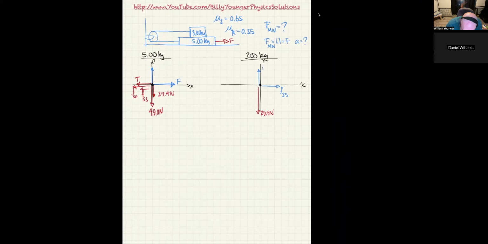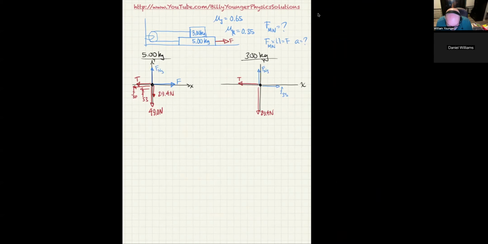So this is F normal, and I'll put a subscript 3, just like this is F normal, and I'll put a subscript 5, but I forgot to label it. Okay, and I also have a tension T that's pulling it to the left. And like I said, it's a massless, frictionless pulley, so we expect the two tensions to be the same. I do have that tension pulling to the left, and yeah, that all looks good.